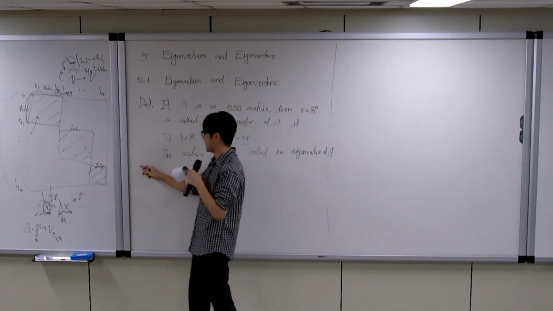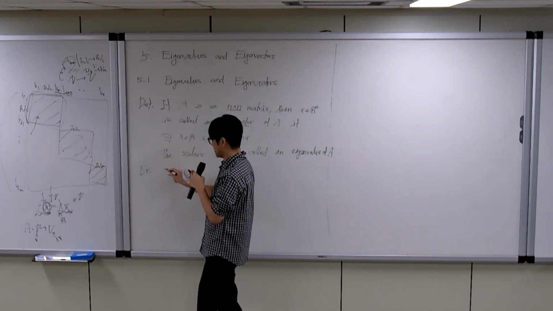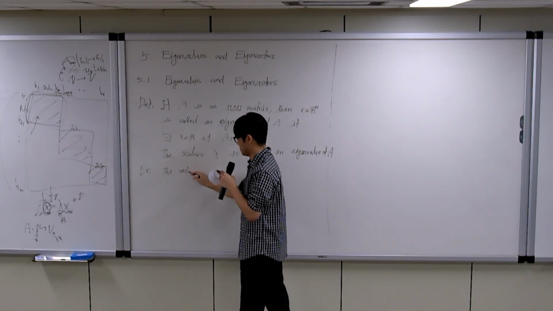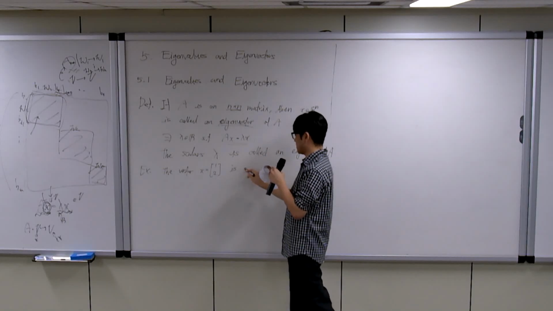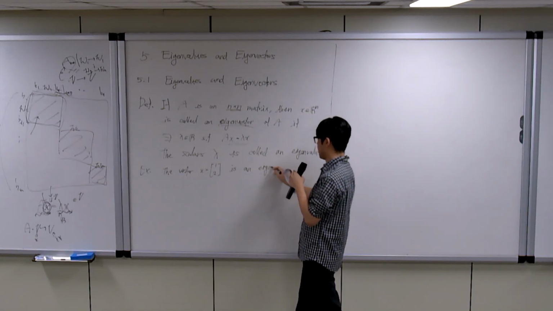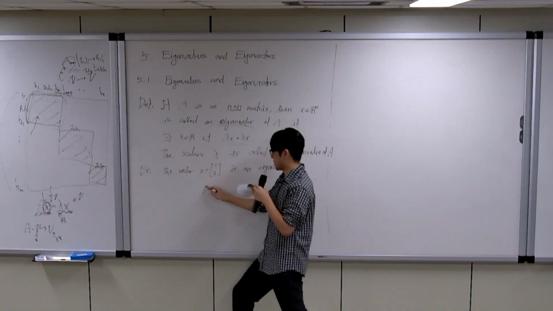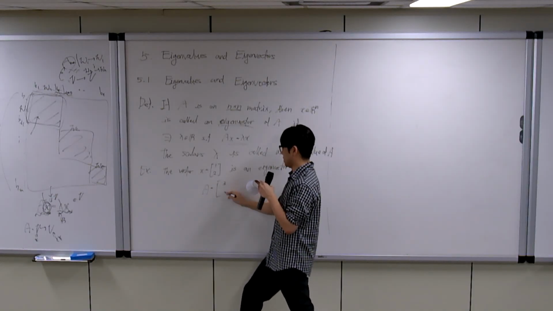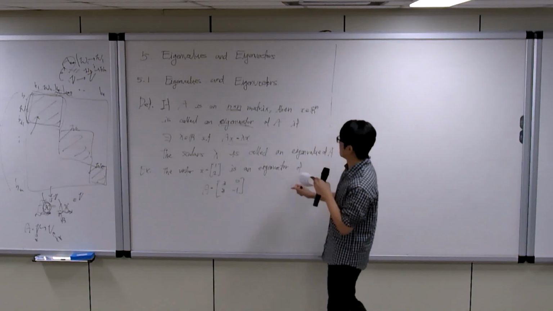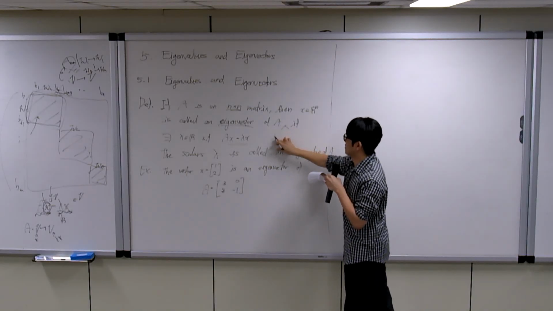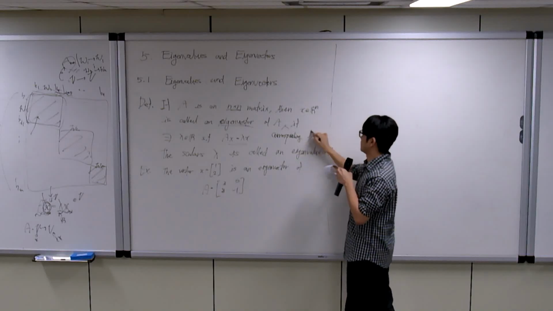Let me give an example. Consider the vector x = (1, 2), which will be an eigenvector of the given matrix A = [[3, 0], [-1, 1]], and it is called corresponding to lambda.